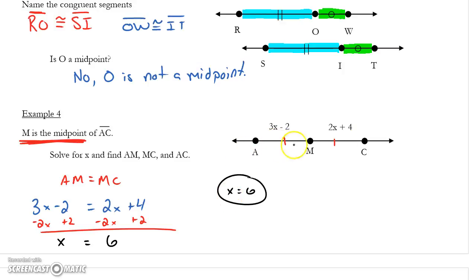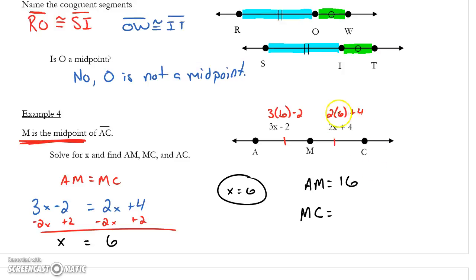Once I know that, I can substitute in to find each segment length. Segment AM is going to be 3 times 6 minus 2. Well, that's 18. Minus 2 is 16. Segment MC. Well, that's 2 times 6 plus 4.